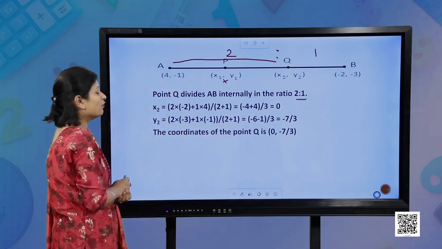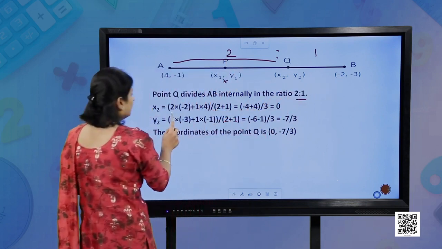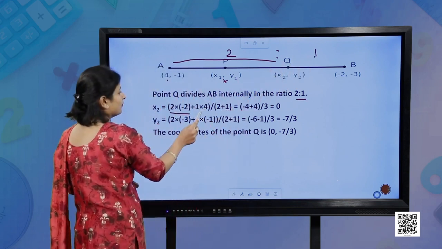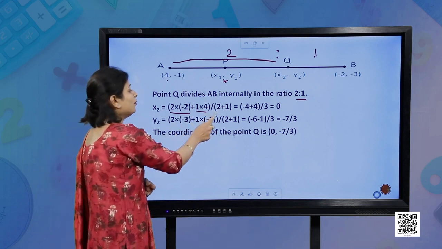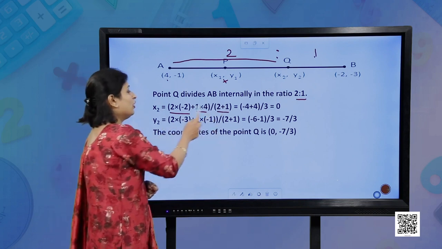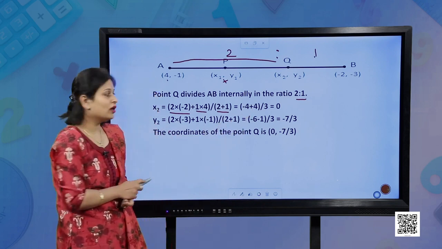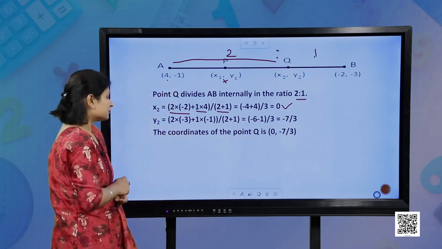So, for x2, what will you get? 2 into minus 2 plus 1 into 4 divided by the sum of the ratios, which is 2 plus 1. What will you get after solving? Minus 4 plus 4 in the numerator divided by 3, you will get 0.